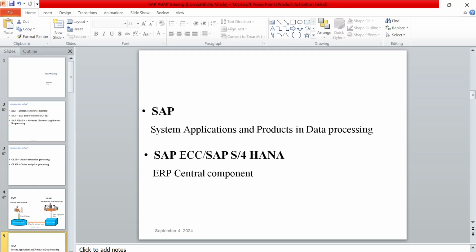They'll provide you the requirement, what you need to develop, what tables you need to use, and what logic you need to use, right? As an ABAP developer, what is your role? You need to understand the requirement and create the application with the help of functional consultant inputs. Inputs in the sense requirement details and the business logic you need to apply. They have to provide that to you, and you need to develop the application by using ABAP.